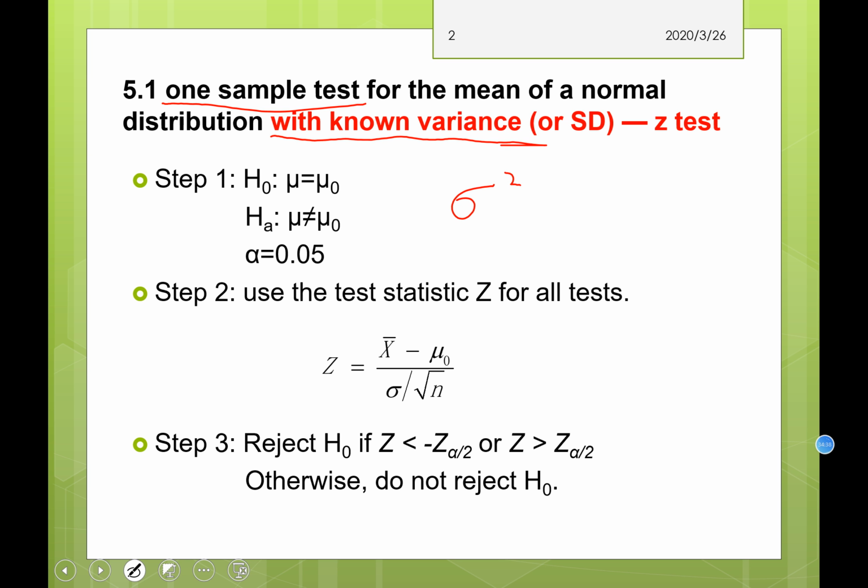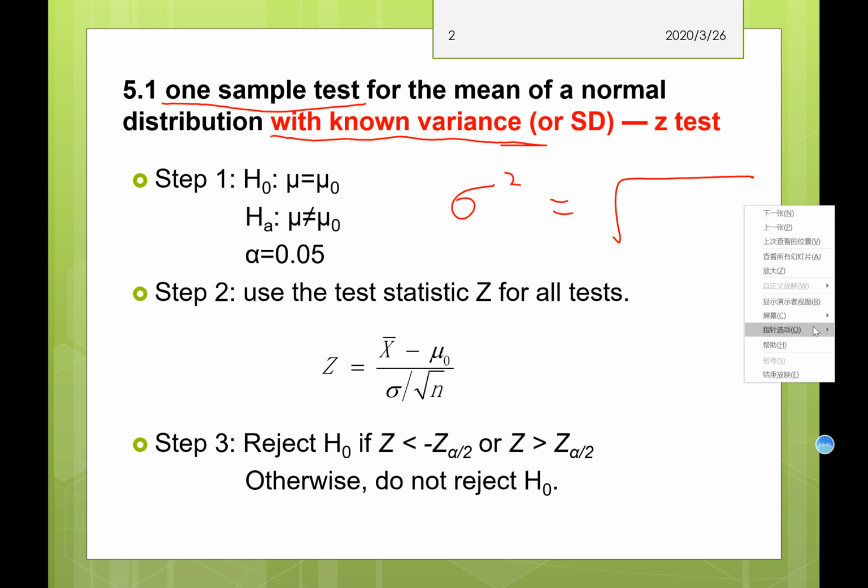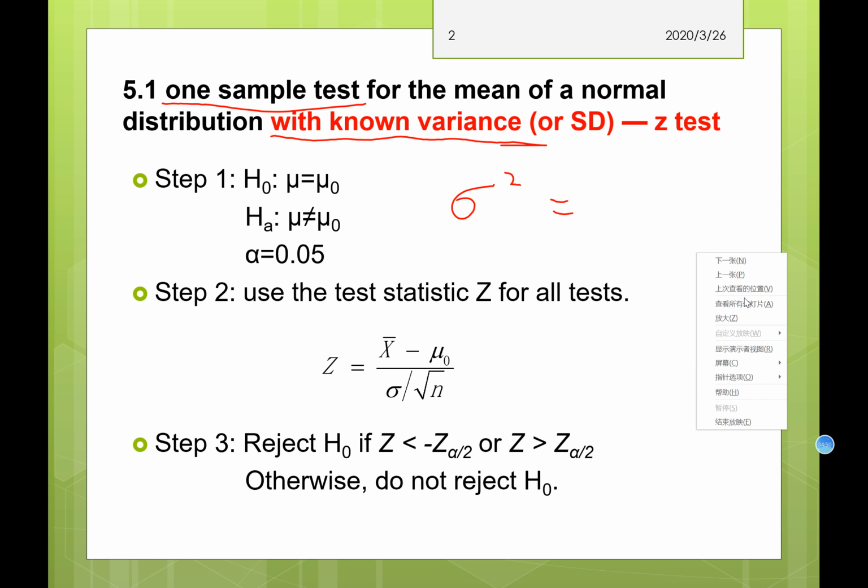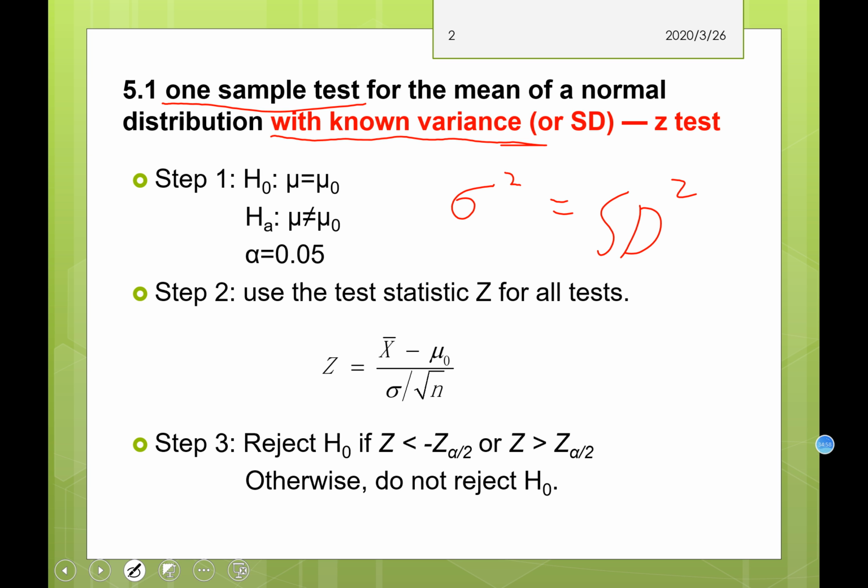Variance equals standard deviation squared.